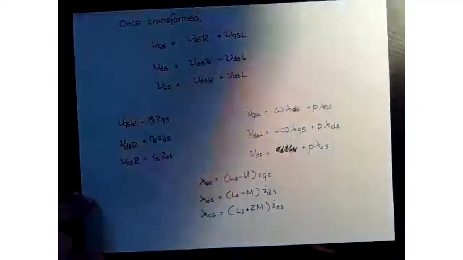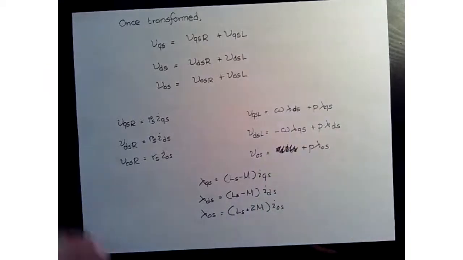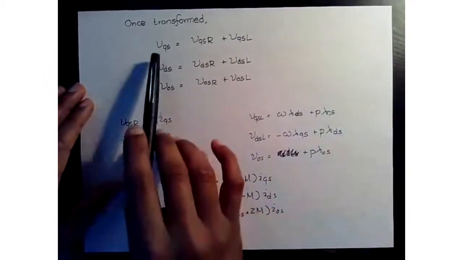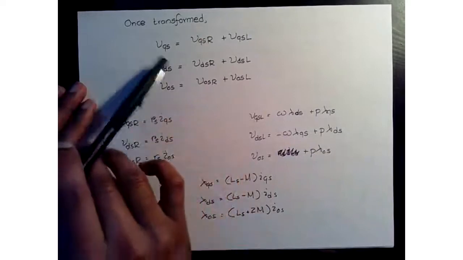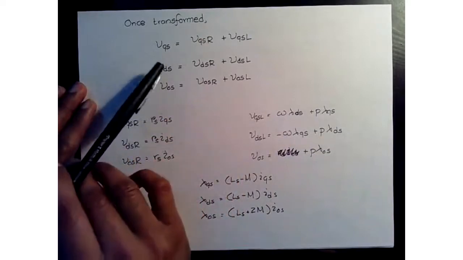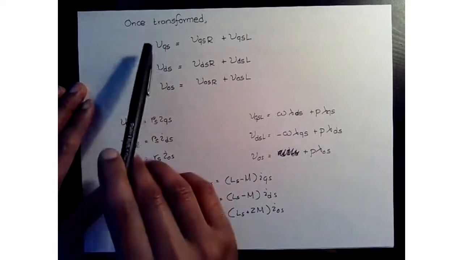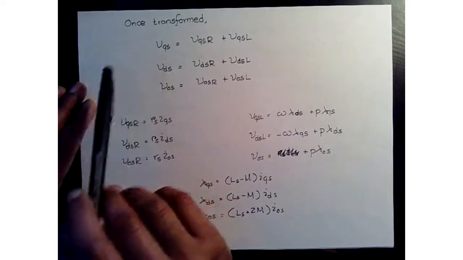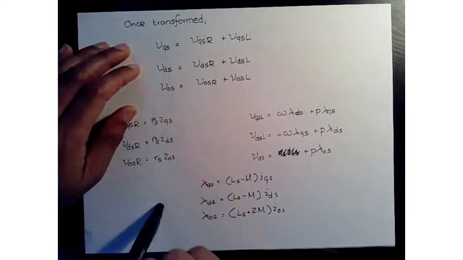Now, if we look at our arbitrary reference frame variables, because the rotor reference frame is not necessarily the arbitrary reference frame, we have the quadrature axis, the direct axis, and the zero sequence voltages.